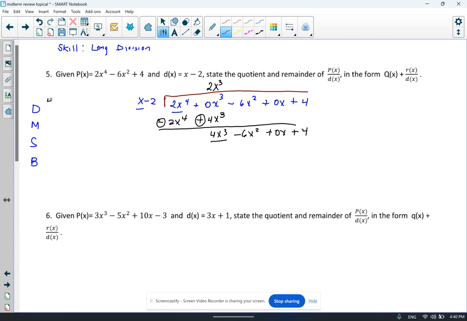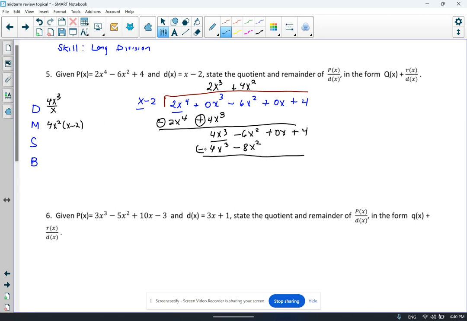So now I'm going to take 4x cubed and divide it by x, and I get a positive 4x squared. Now I'm going to multiply the 4x squared by this divisor of x minus 2, and I get 4x cubed minus 8x squared.